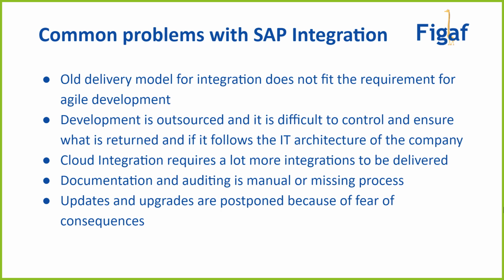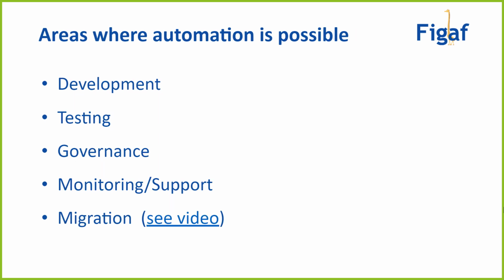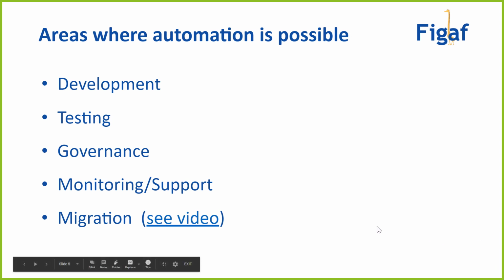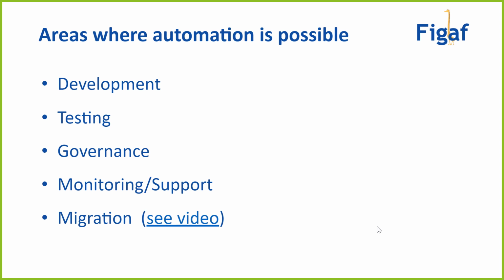We can see right now that a lot of people are still struggling with planning a 7.5 upgrade, and I think that is just because the amount of upgrades and everything like that is too challenging. So there are some areas where you can actually make improvements, and where automation is possible.